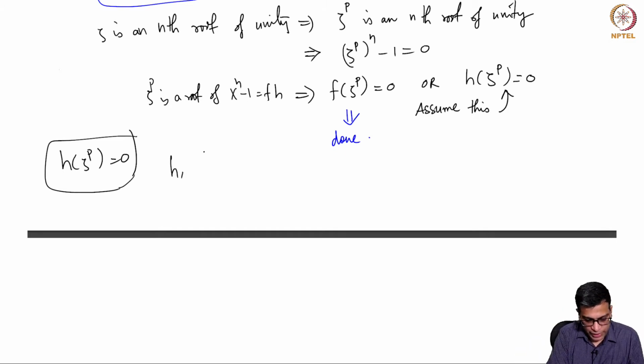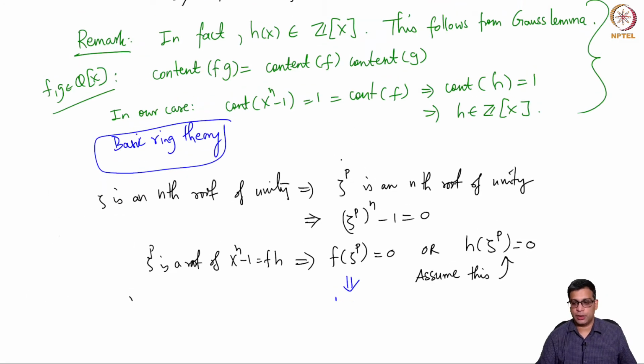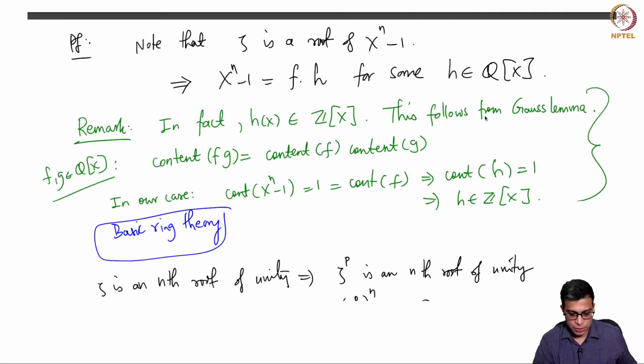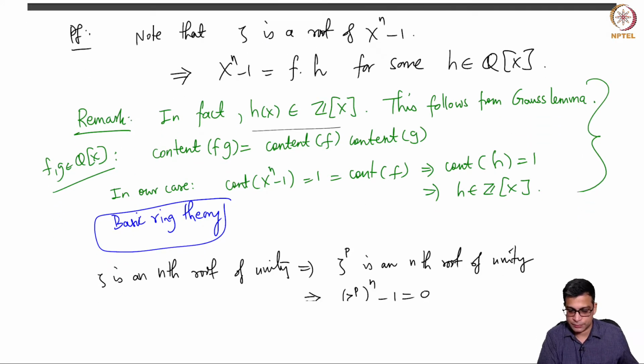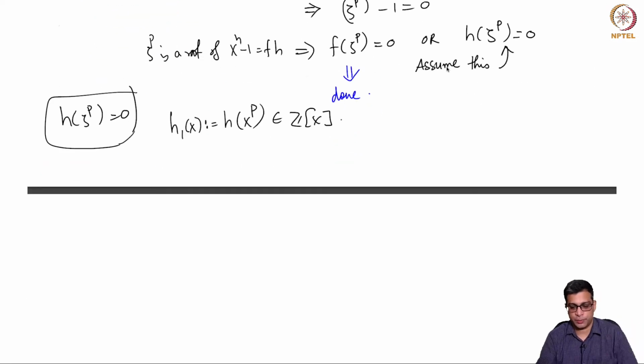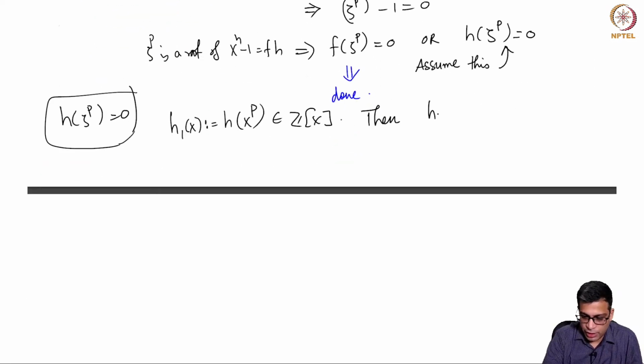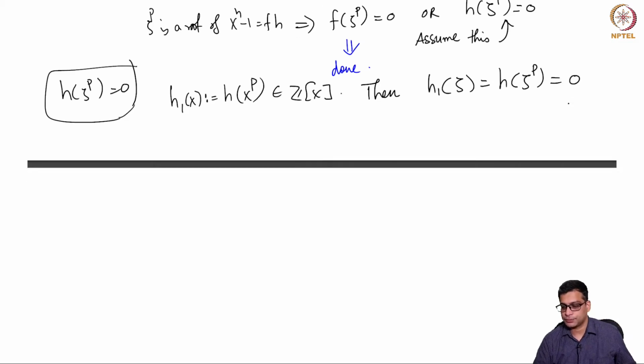Now if h is an integer polynomial, I can define a new integer polynomial like this. This of course is also an integer polynomial. H is some given polynomial with integer coefficients, and I define a new polynomial h1 where I raise x to the pth power. Then h1 of zeta, which is by definition h of zeta power p, is 0, right?